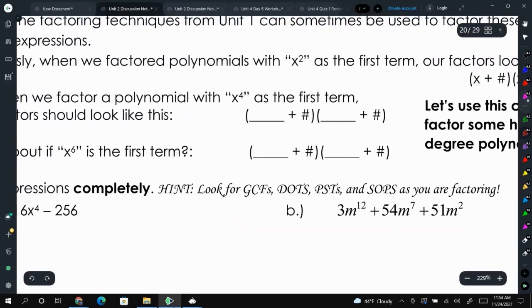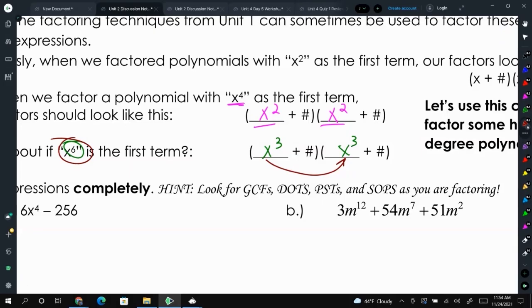So we have that down here. If it's x to the 4th, it's going to be x squared and an x squared, the thing in front of both parentheses. And if it was the 6th, well, half of 6 is 3, so x to the 3rd and x to the 3rd, because when you multiply these together, you would get x to the 6th.